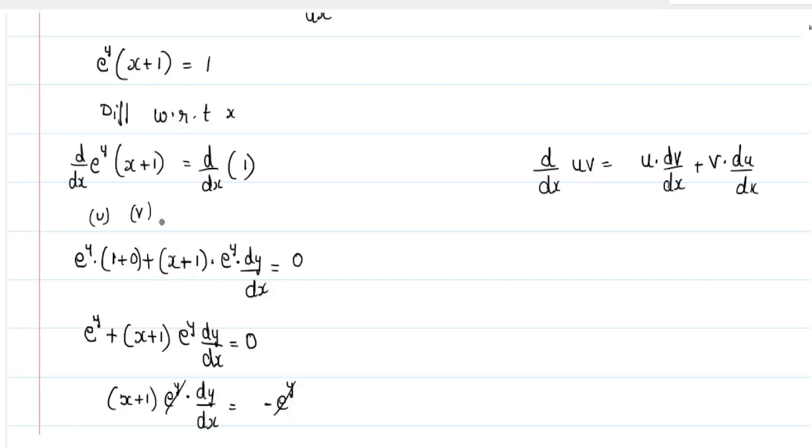What is v? v is x plus 1. x plus 1 into du by dx, that is d by dx of e to the power of y. So differentiation of e to the power of y is e to the power of y into dy by dx, which is equal to d by dx of 1, which is 0. We can write this as e to the power of y plus x plus 1 into e raised to power y dy by dx equal to 0.